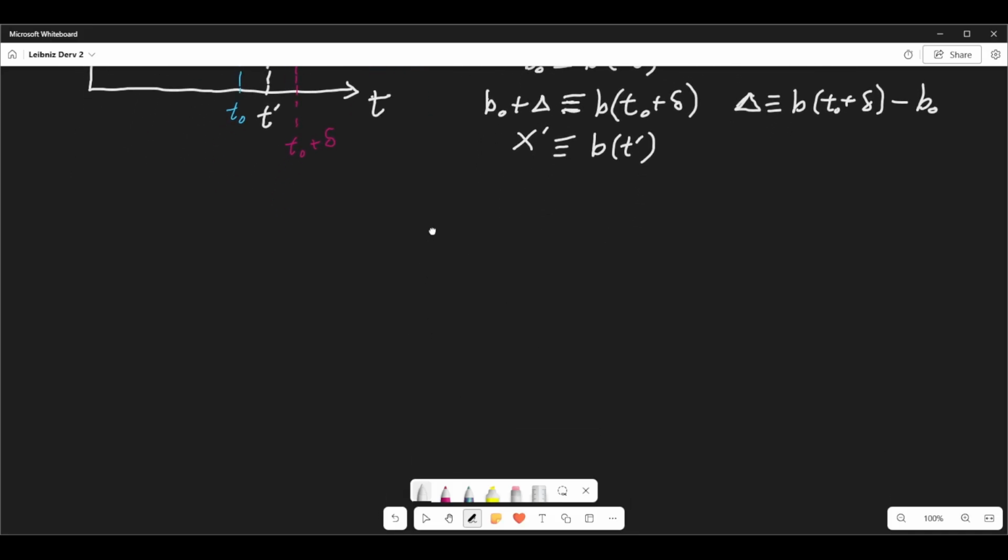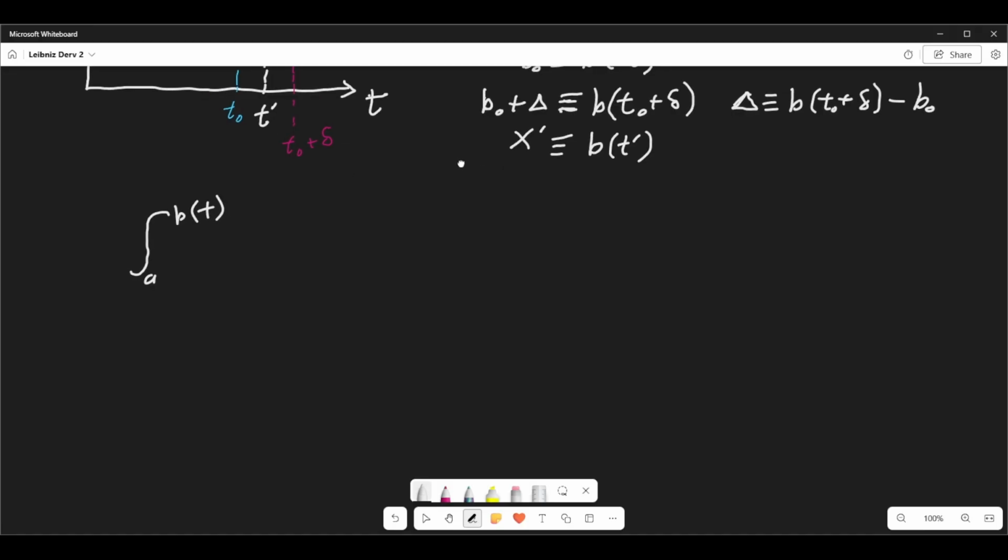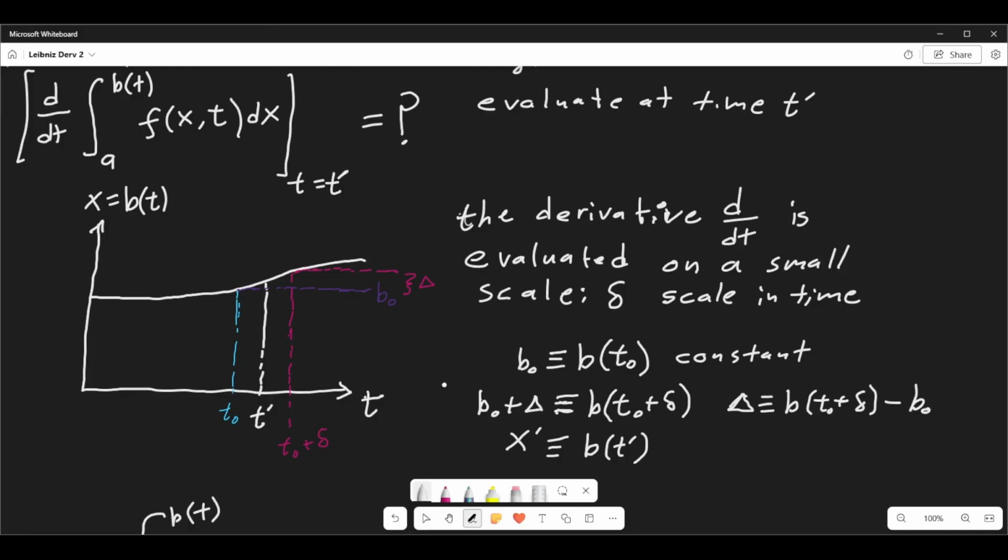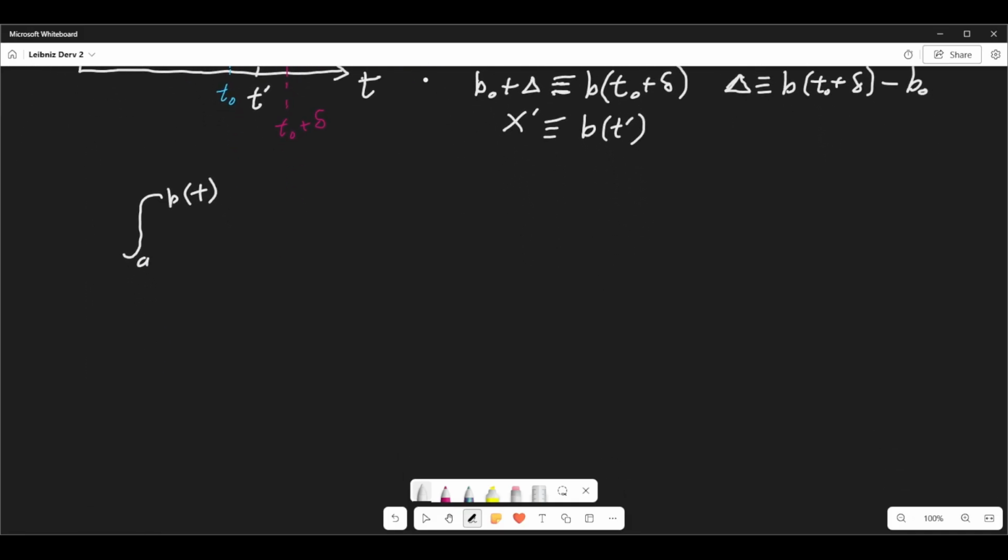So next thing to do is basically rewrite the integral. So here's this integral between A and B of t, which of course is just going to be this integral up top. So integral from A to B of t, f of x and t, and then dx, and then this is just by the definition of the limits of integration.